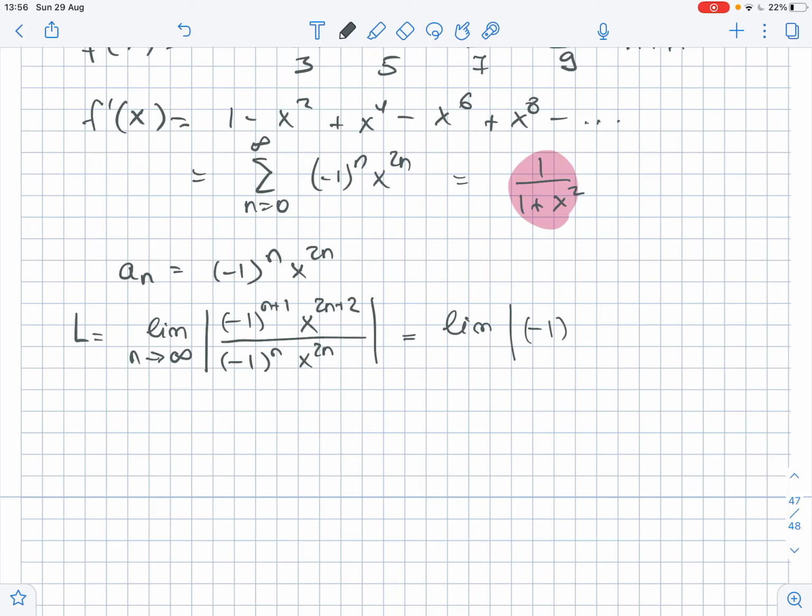Then this equals the limit of the absolute value of negative 1 multiplied by x to the power of 2, and n approaches infinity. This equals the absolute value of negative x squared.